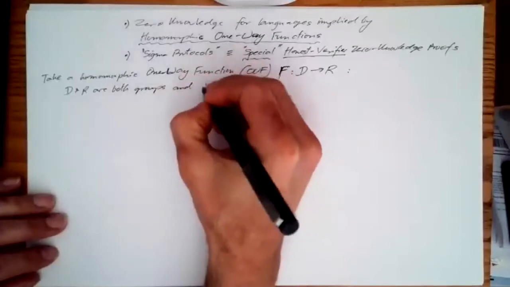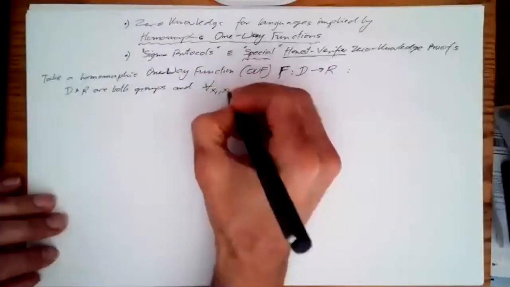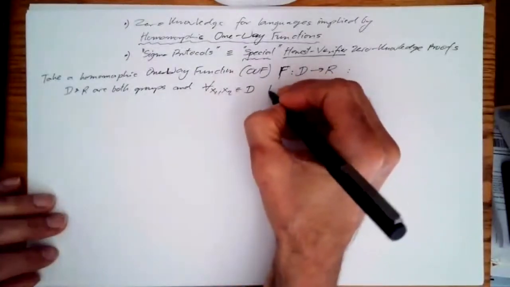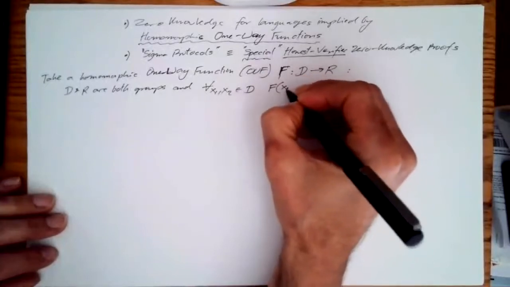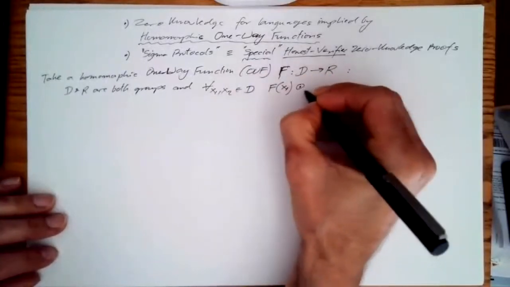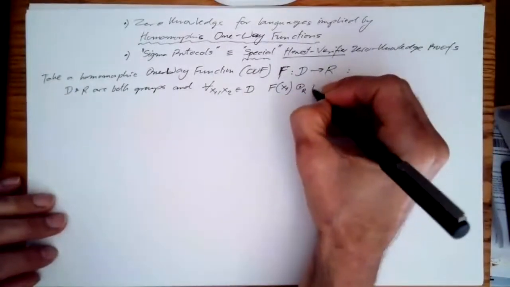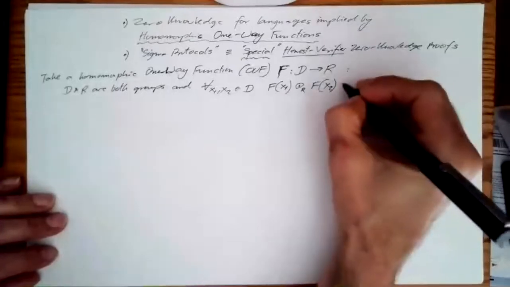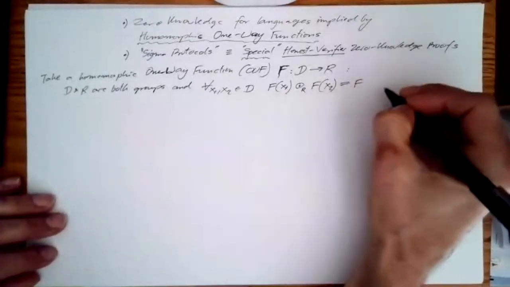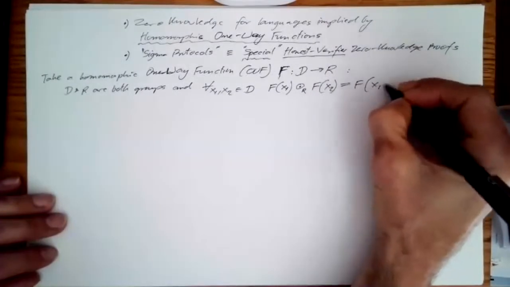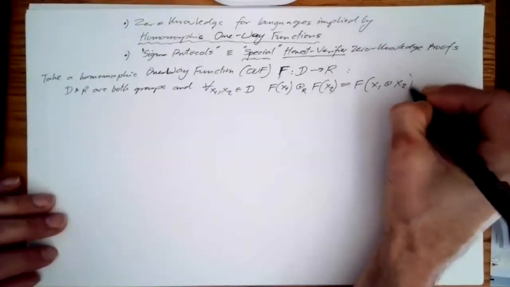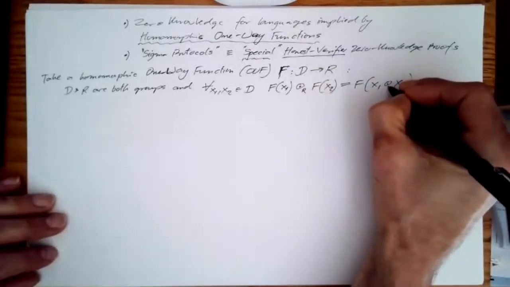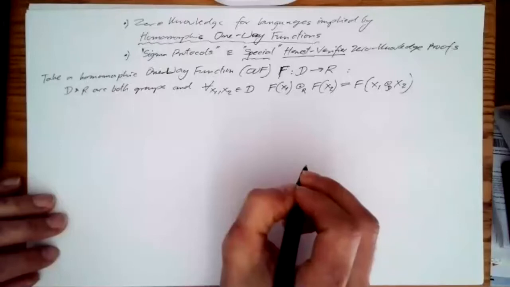For every x1, x2 in the domain of the one-way function, if I compute the one-way function on x1 and apply the group operation from the range to the image of the one-way function on x2, this is the same as applying the one-way function on the argument that results from combining these two arguments using the group operation in the domain.